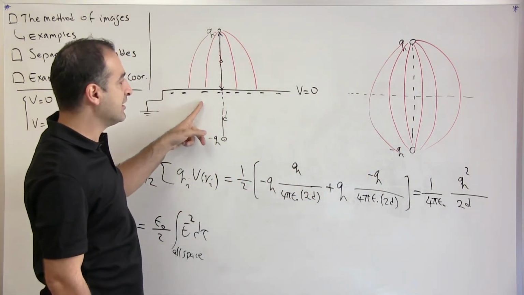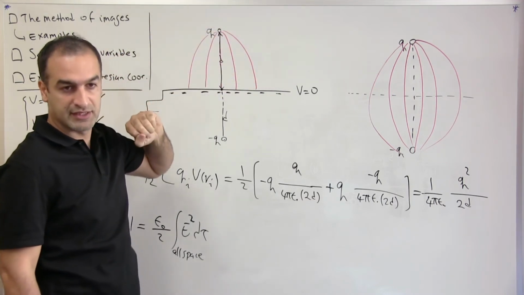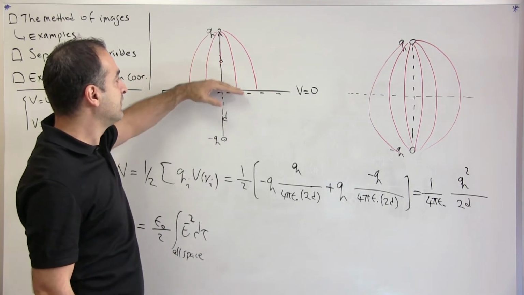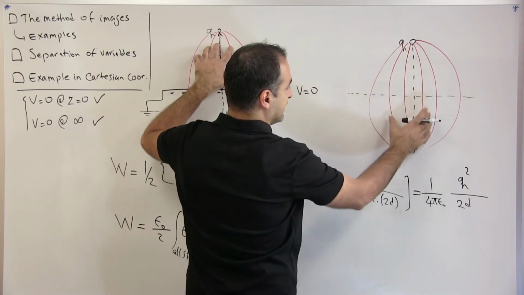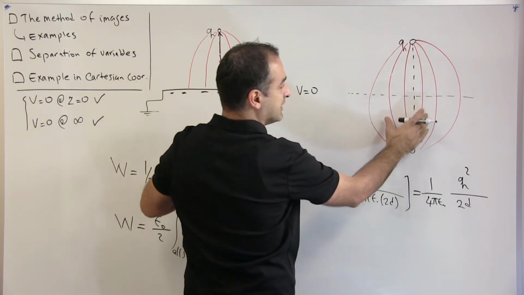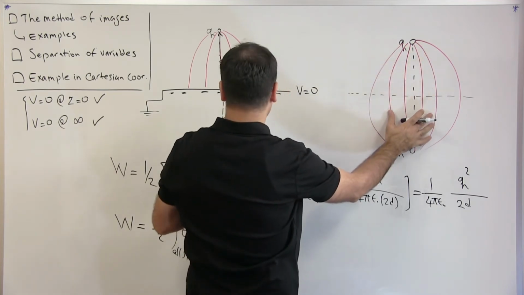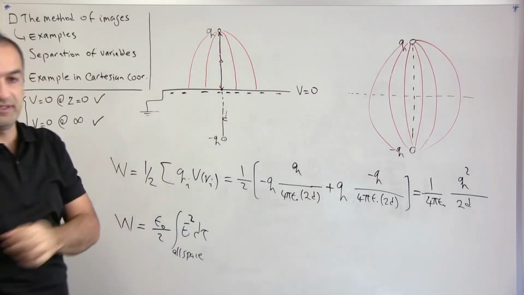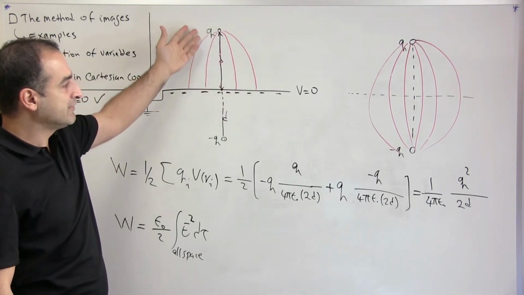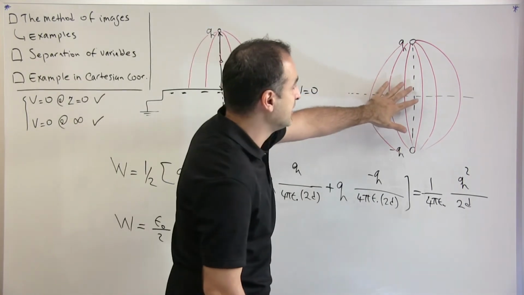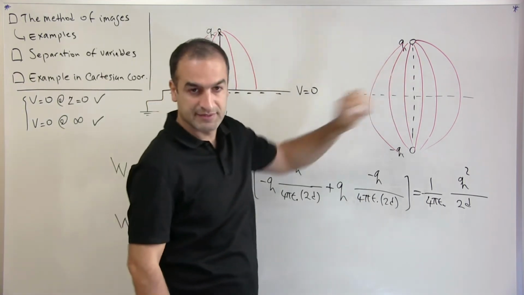But if we have conductors, what we have is electric field only in the positive z direction, and it is exactly the same as this electric field. On the negative z side, here we don't have any electric field. So if we compare the distribution of the electric field to this one, here we have half the electric field compared to this.